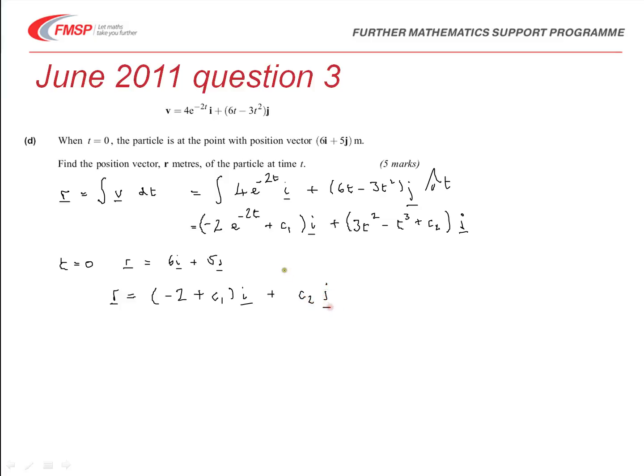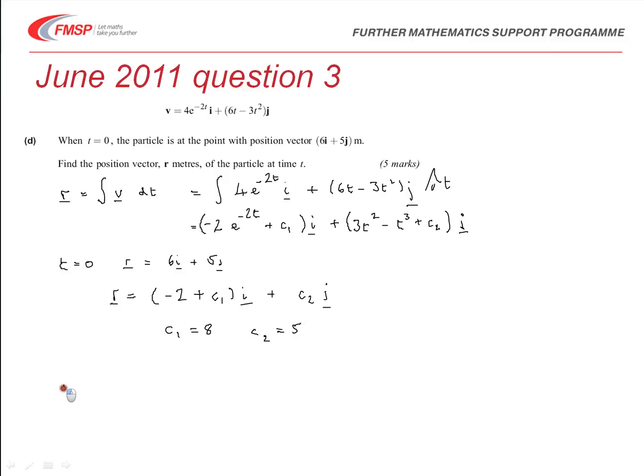The key thing to be careful of here is that e^(-2t) is not 0. So c1 has to equal 8, to make negative 2 plus 8 equal 6i, and c2 has to equal 5.